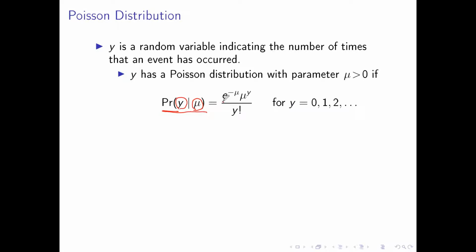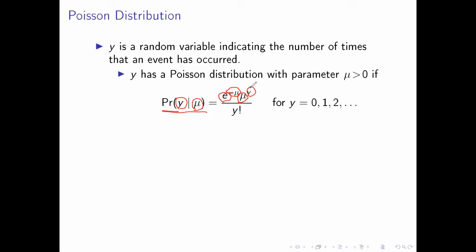So this is what we call Euler's number, E. It's equal to 2.7 something, and raised to the power of negative mu, a negative value of the expected count. And then multiply by mu raised to the power of y. What is y? Y is the count, divided by y factorial.